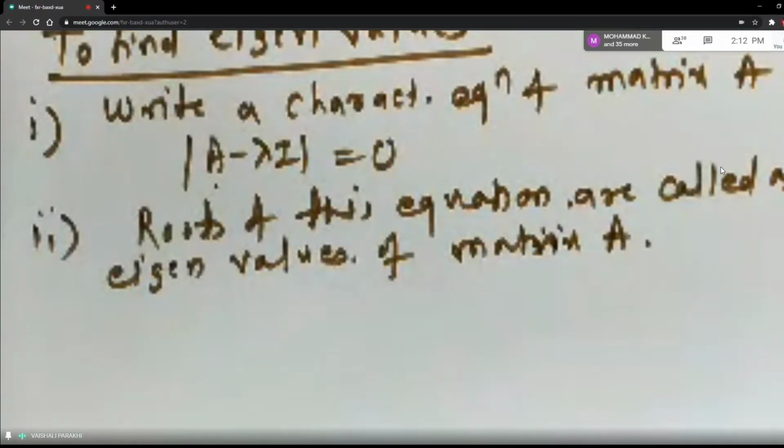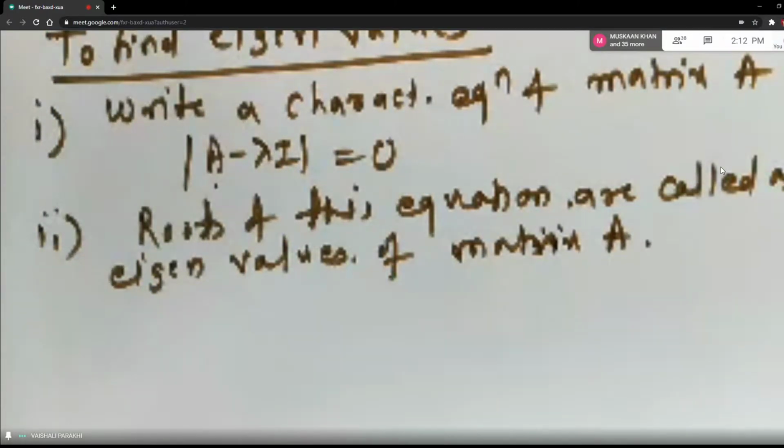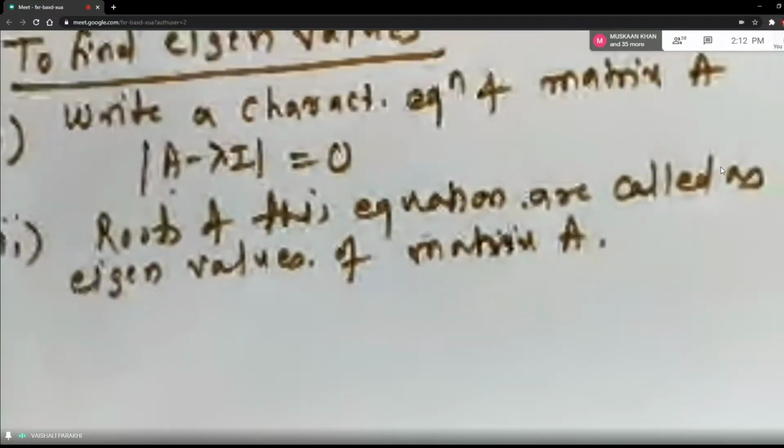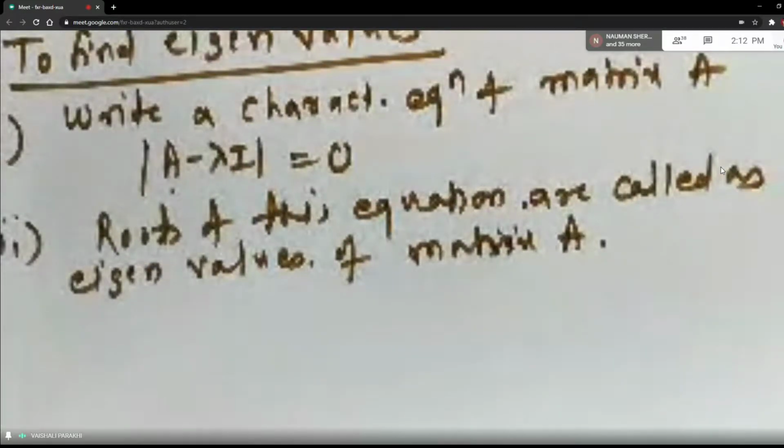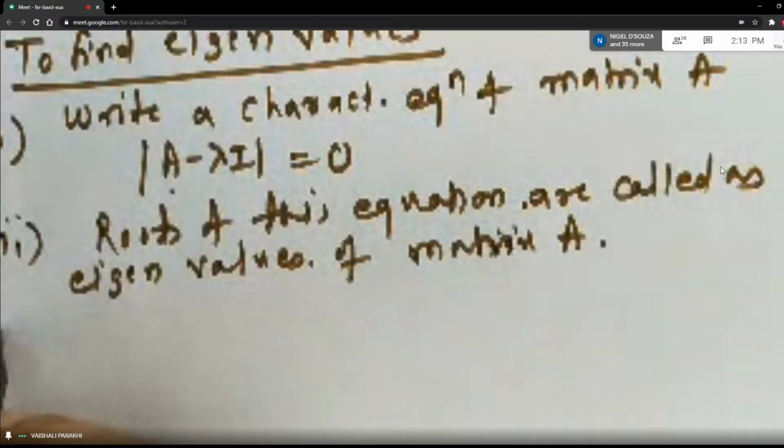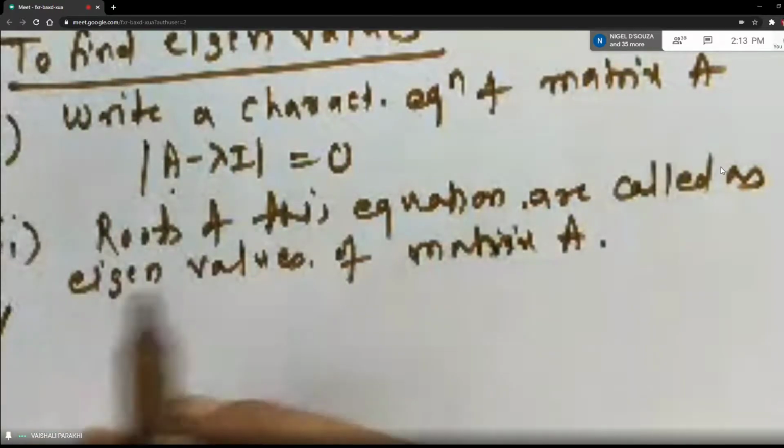Once I solve the example, you will get to know what I am saying. If you are writing notes side by side, write down all these things in your math notebook.